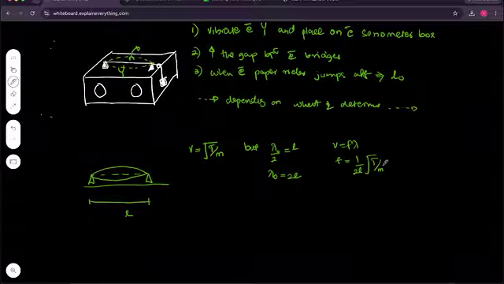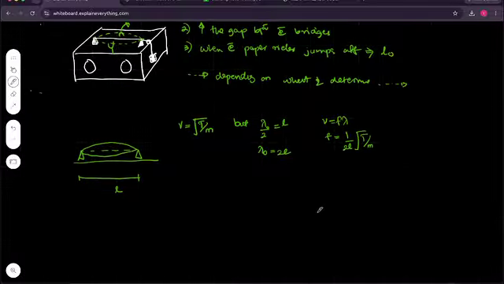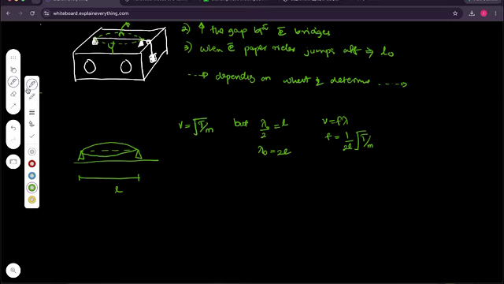Now these things you already know from your theory. One additional thing to add: on this wire we have a transverse standing wave.